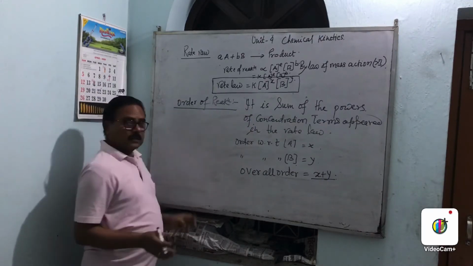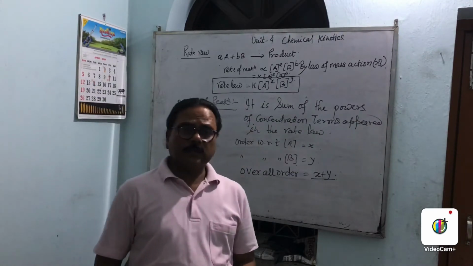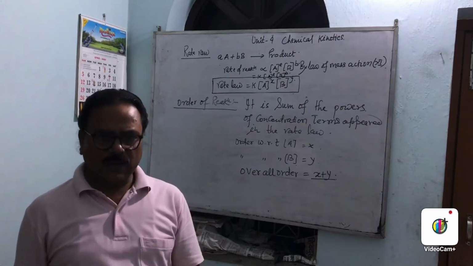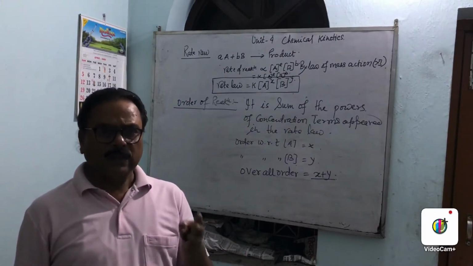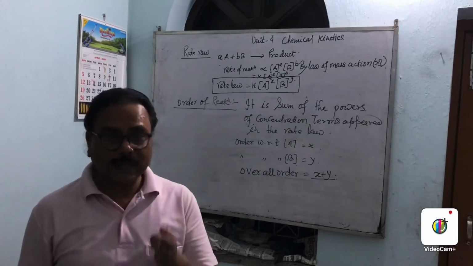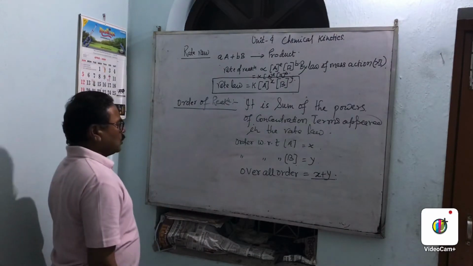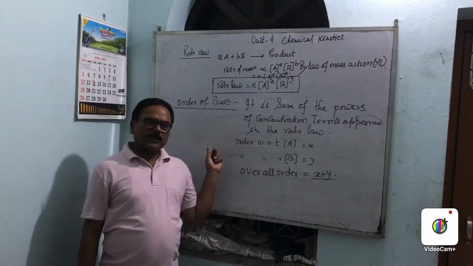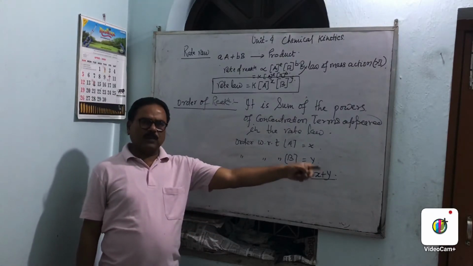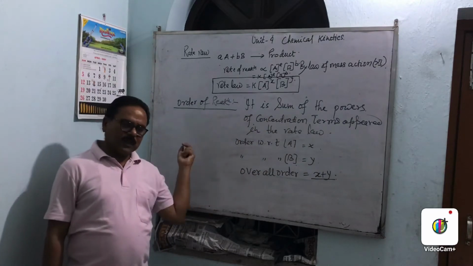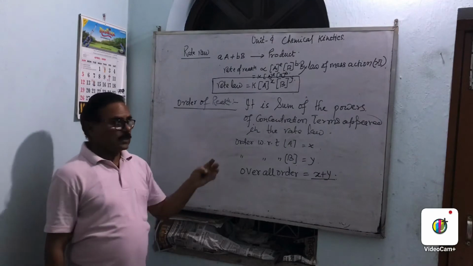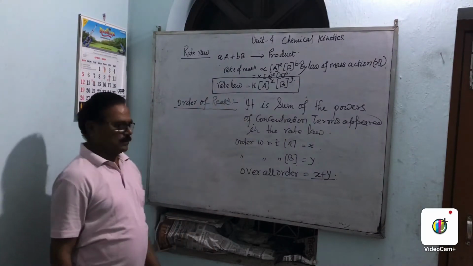Now, another thing asked is that there are many types of order: zero order reaction, first order reaction, second order reaction, third order reaction, and fractional order reactions. The order can only be calculated if the rate law is given or the mechanism is given. We don't write the order from a balanced equation.